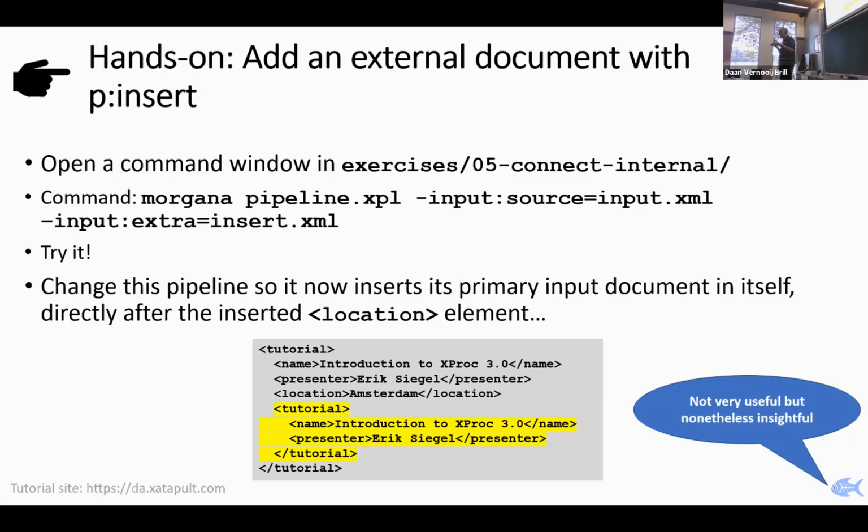And now this is a bit abstract and not very useful, but we'll get to more useful stuff around connecting ports later. What I want you to do is reinsert what comes in on the source port back into the document. As you can see, what's there in yellow is the original document. What I would like to do is change the pipeline so it reinserts what comes in on the source port back into the document.